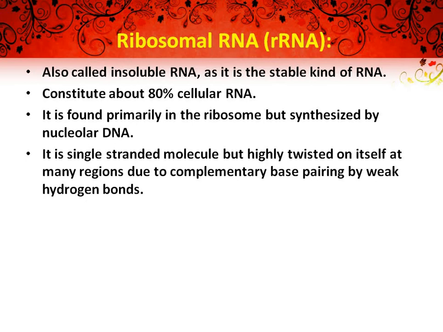It is single-stranded and extremely coiled, folded upon itself in some regions within the ribosomes. This RNA is rich in guanine and cytosine bases. Ribosomal RNA and some specific proteins are organized to form the ribosomes.